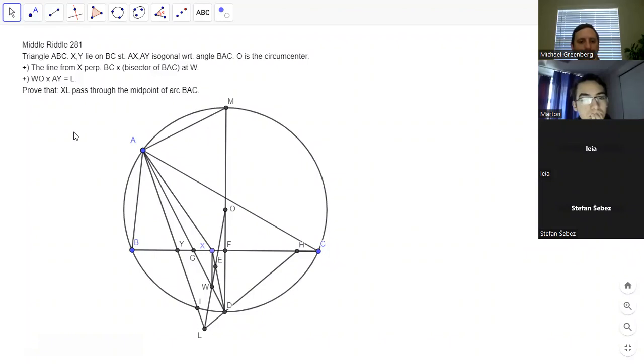So we have a transformation which sends X to W, and L is just the intersection of OW with AL. When you project through a point, that also gives a projective transformation, just because it preserves cross ratio.